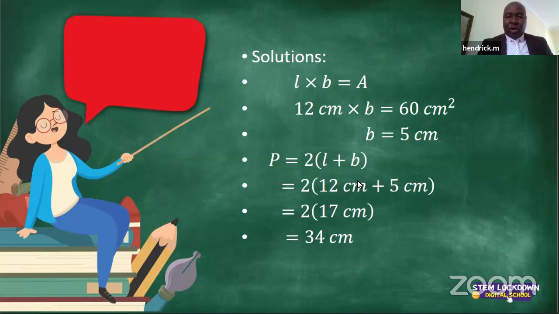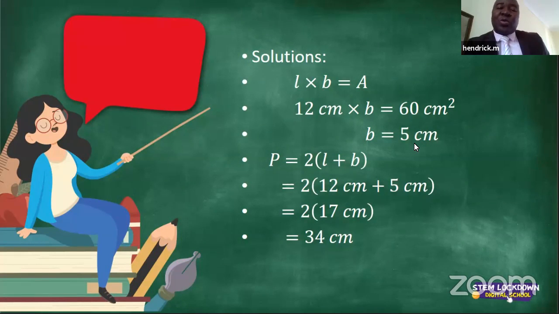So for those who may not know what has happened, how did we arrive at 5? You should know that 12 is now a coefficient of B. And in order to get rid of 12, you must divide by 12 both sides. So you divide by 12 in the left-hand side.